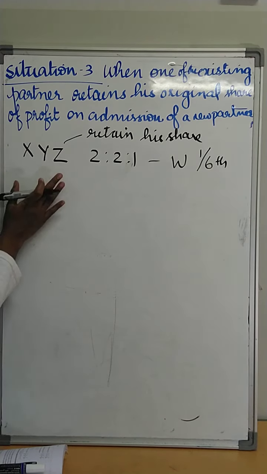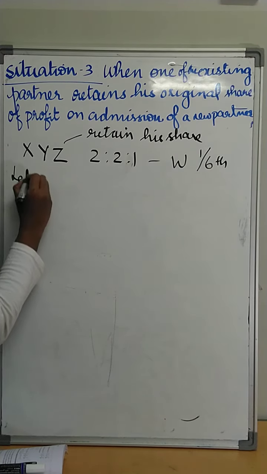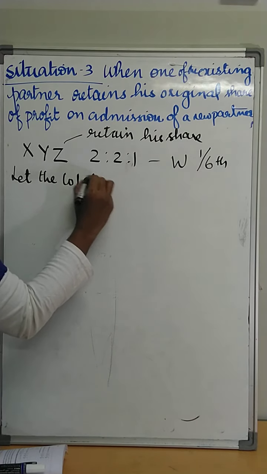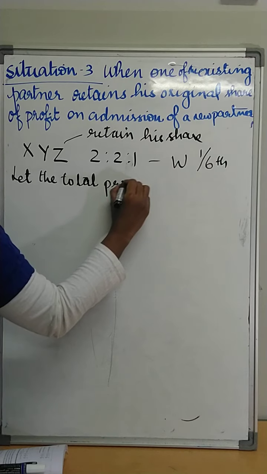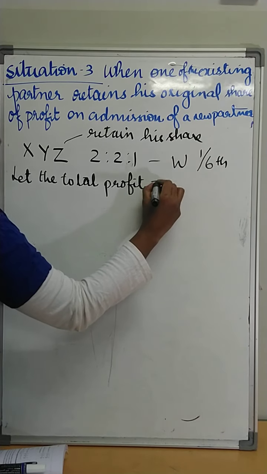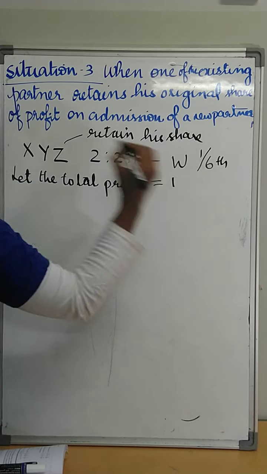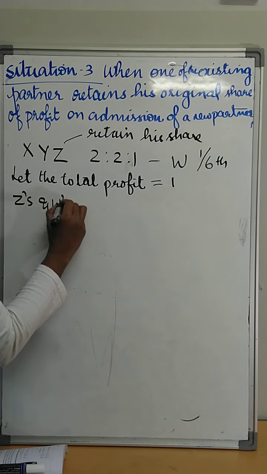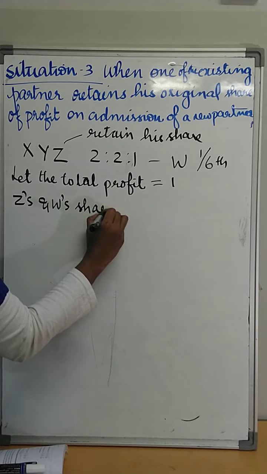First, we should assume the total profit of the firm as 1. Let the total profit be 1, then Z's and W's share we should reduce from this.